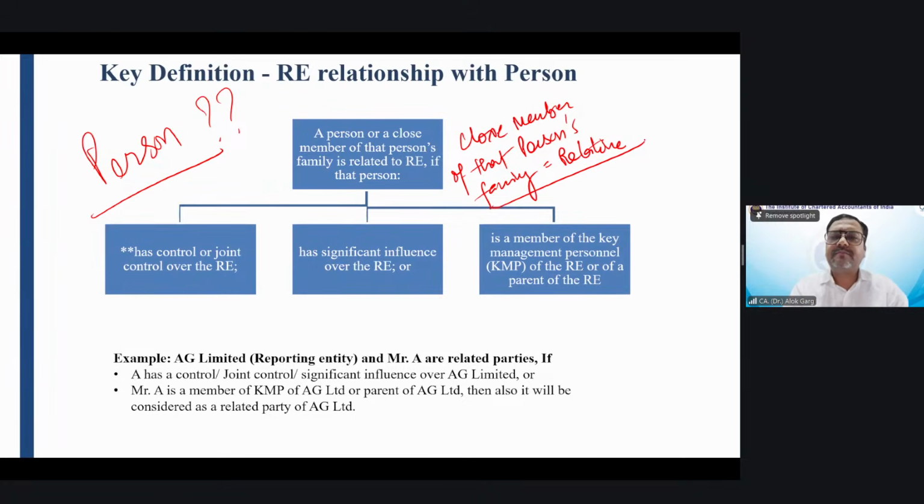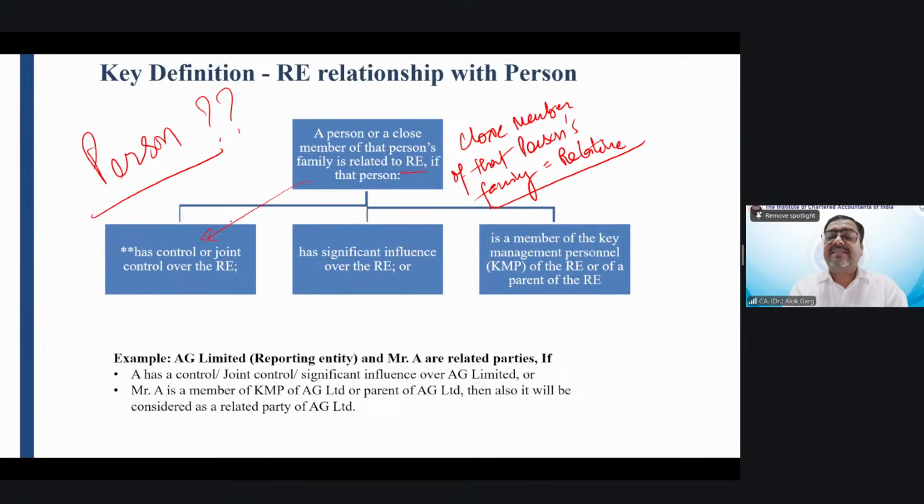A person or a relative of that person is related to a reporting entity, RE meaning reporting entity, if that person has control or joint control over the reporting entity.